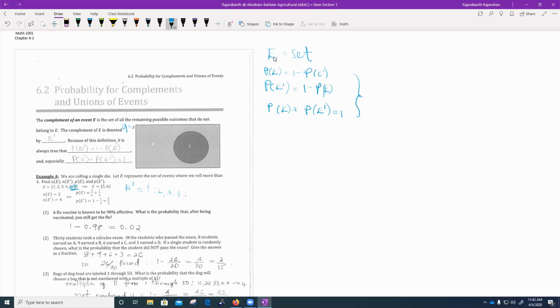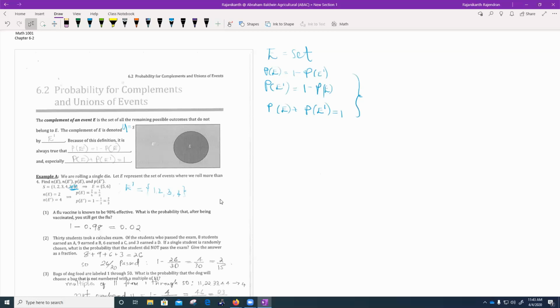So that is my event E prime. Okay, so now we have everything. Little n(E), the number of outcomes in event E: if you look here, there are 2. For E prime, there are 4 outcomes.